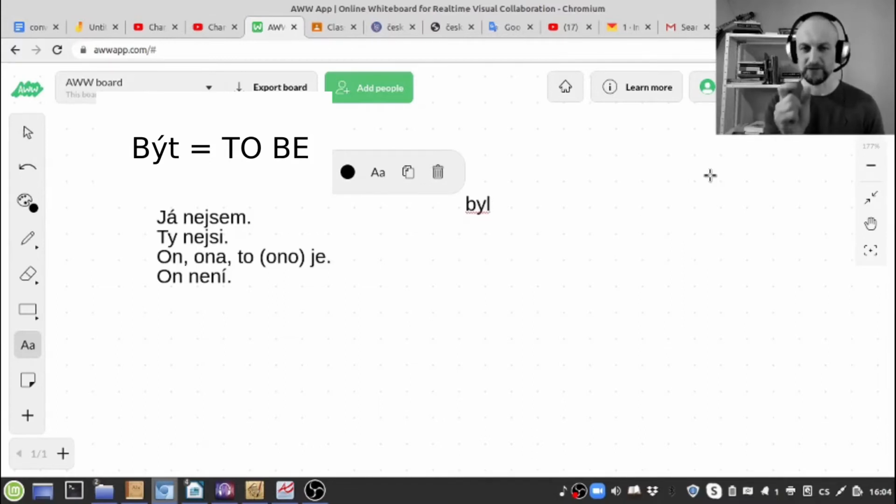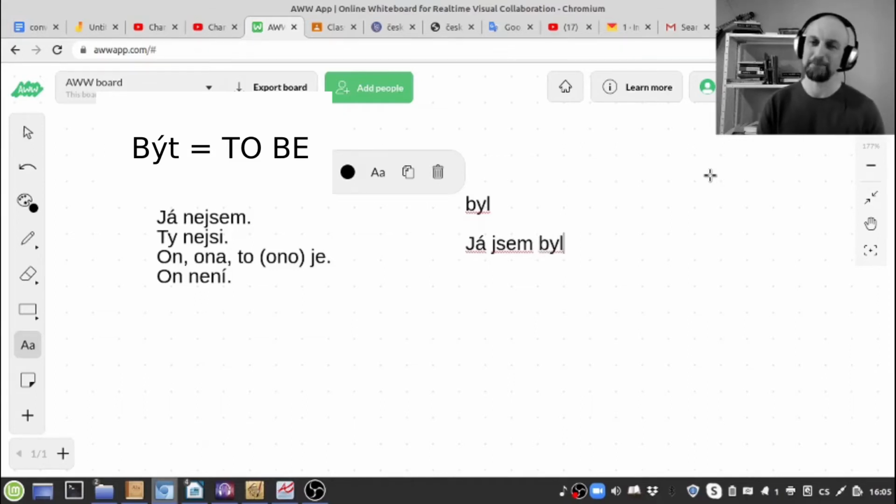It's necessary to have it somewhere in the structure. The complicated part is that that's not all. You also need the present form of the verb. So you would say, for example, já jsem, which is I am, as we said, and then you add the past participle, the past form, so that would be já jsem byl.